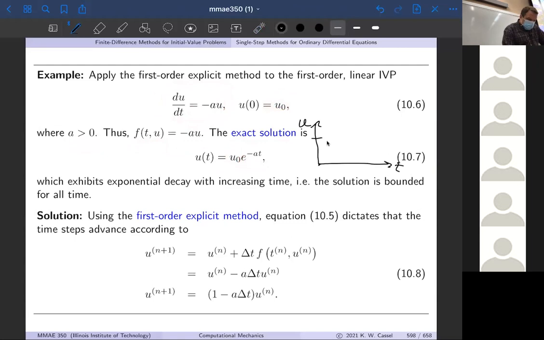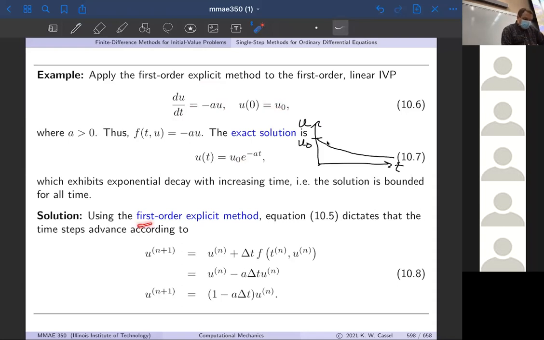It starts at u0 when t is equal to 0, and then the e to the minus at means it decays exponentially as time increases, so it goes down something like that. Great, that's the exact solution. We'll use it for comparison, but set it aside. We're going to pretend we don't know the exact solution and go on and get the numerical solution.